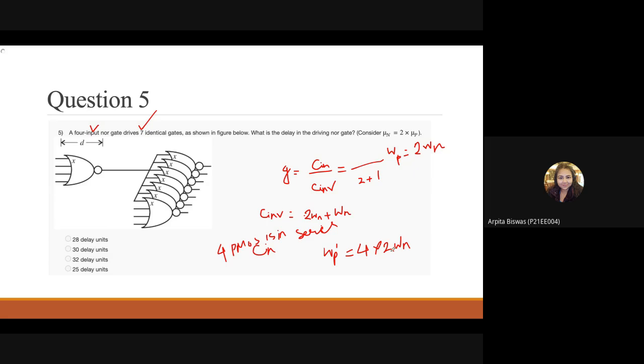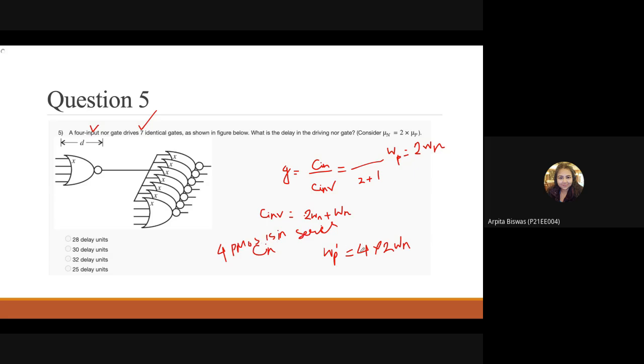Is it clear? Tell me. Yes, ma'am. Well, tell me where I am taking this twice of WN. Like it is in parallel condition, NMOS or PMOS, we can take only one. It's in parallel, both sides are same. So here we are assuming the four PMOS we are taking.